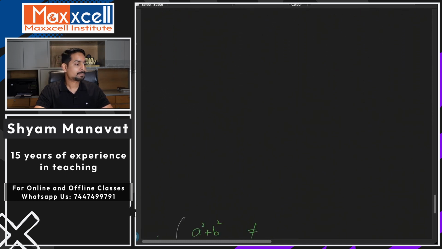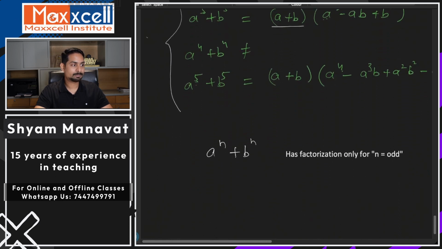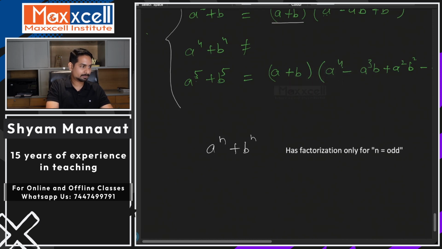Here, in the case of a to the power n plus b to the power n, that can be factorized only when n is odd. What else can we say? This is the first condition.